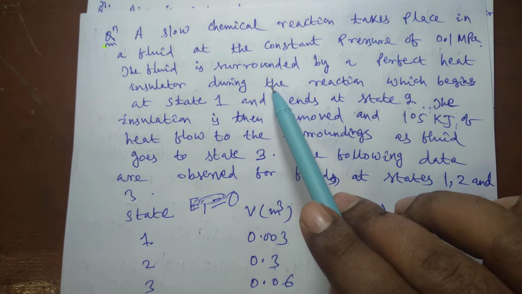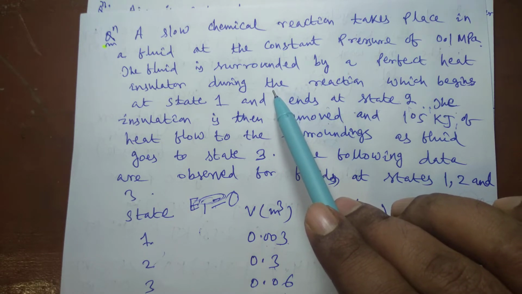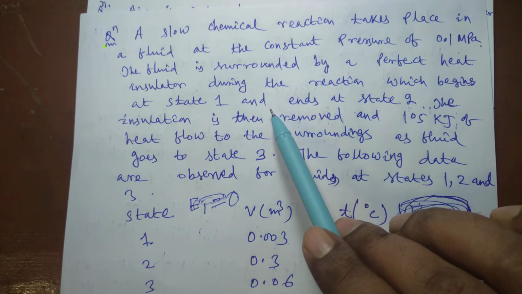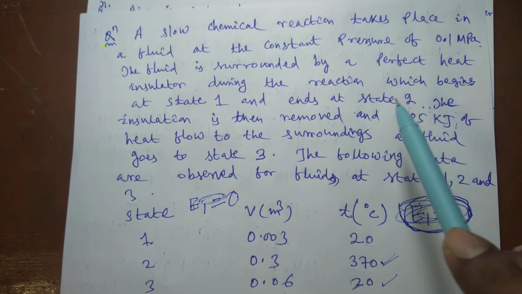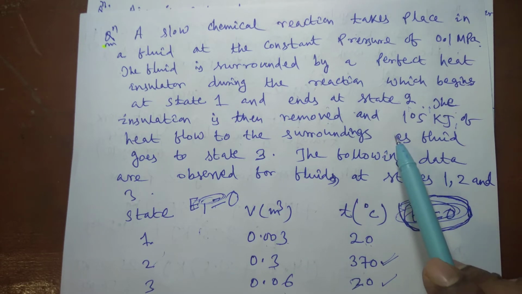During the chemical reaction, there is no heat transfer from the fluid to the surroundings, neither from the fluid to the surroundings nor from the surroundings to the fluid, since there is insulation. So no heat interaction can take place between the fluid and its surroundings, and the insulation is then removed.